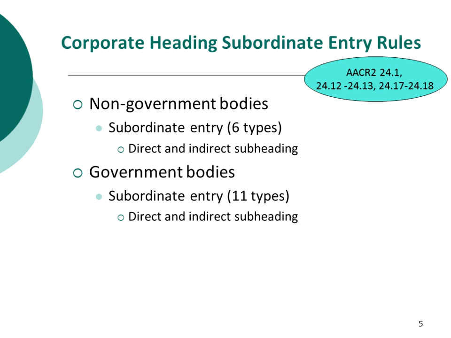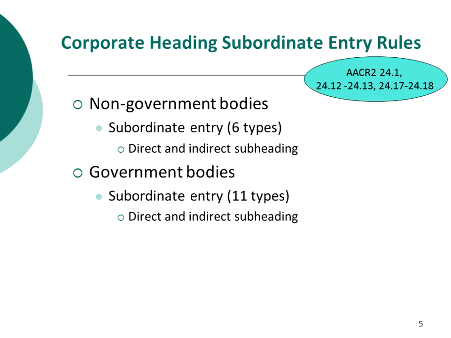And once you decide it's a subordinate entry, another rule that you may need to consider is the direct and indirect subheading. A direct subheading, I just want to stress a little bit more because we will have examples later on in case you don't have the background.